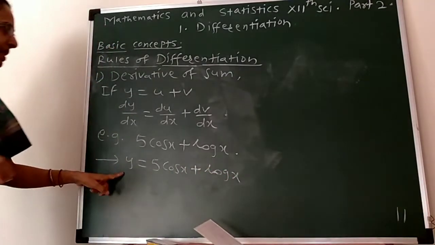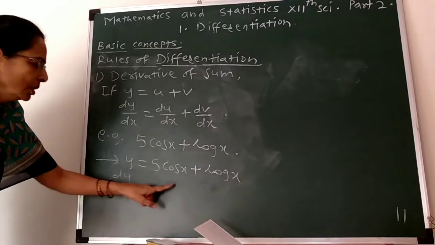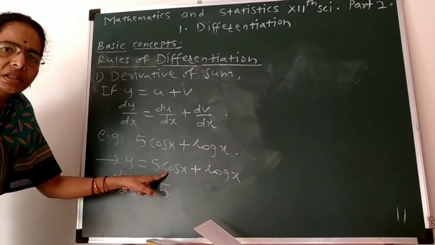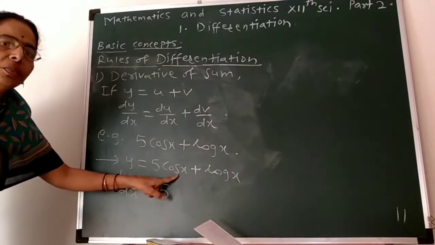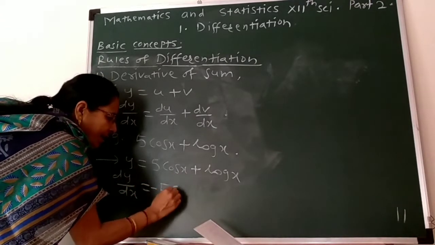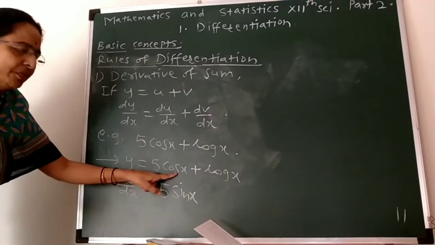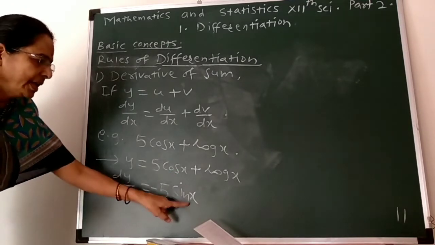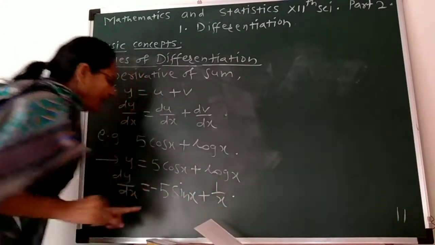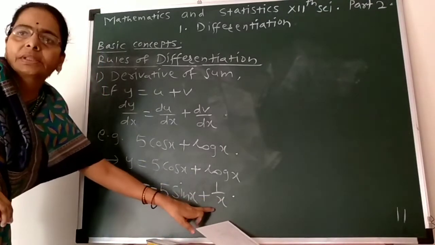So dy by dx is equal to, according to our rule, constant 5 as it is, derivative of cos x is minus sin x, plus the derivative of log x, which is 1 upon x. So this is the final answer: minus 5 sin x plus 1 upon x.